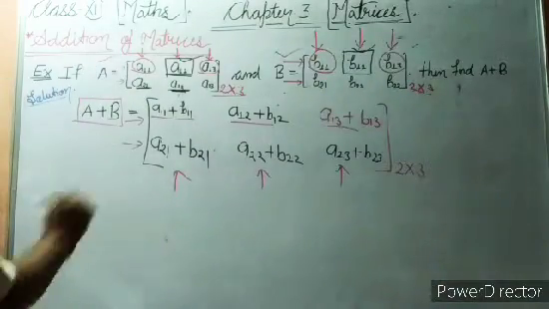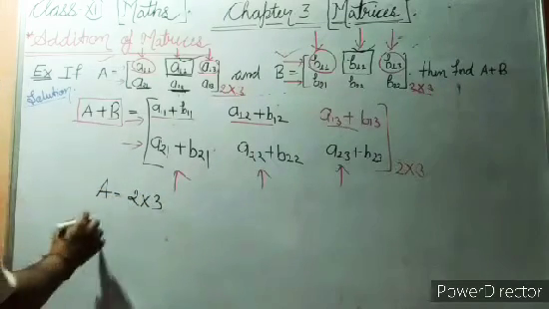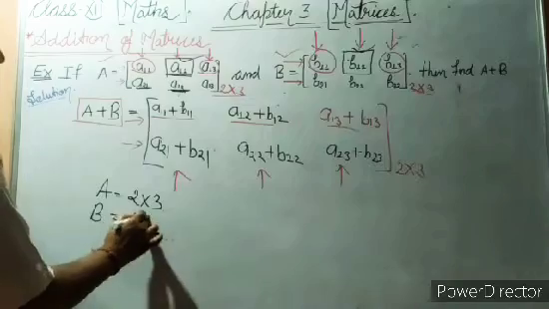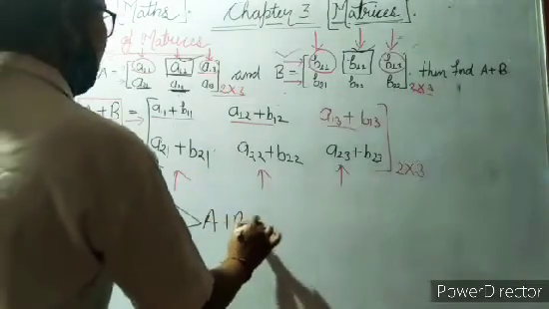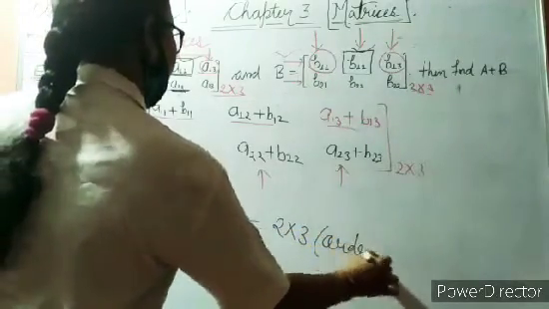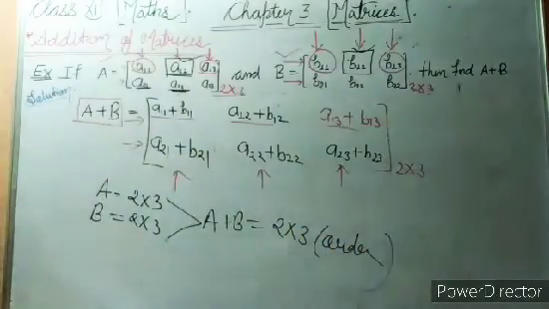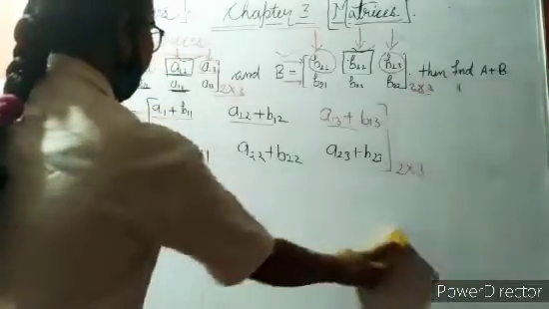So please note that if A is a 2 by 3 matrix and B also is 2 by 3, the resultant A plus B also gives the same order. Okay. So this is the rule for matrices. Now we move on and solve the next example.